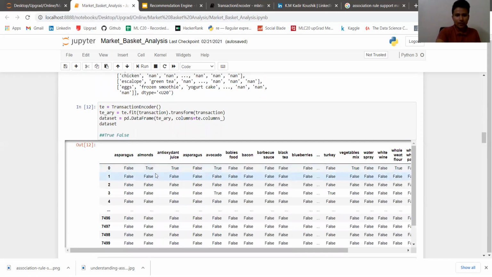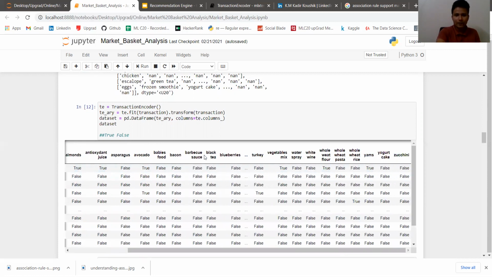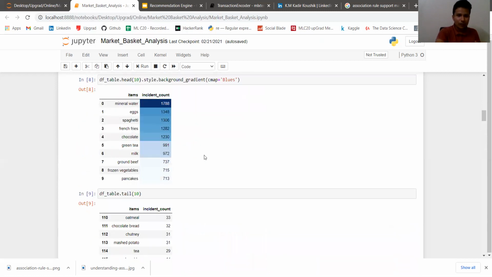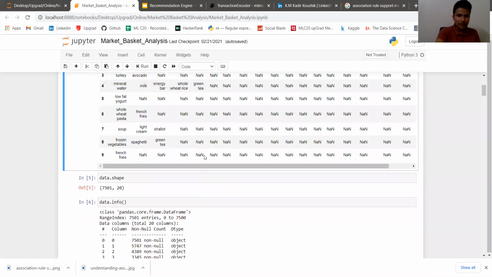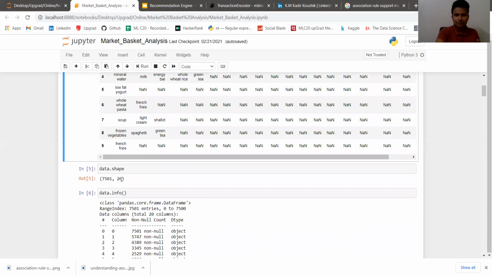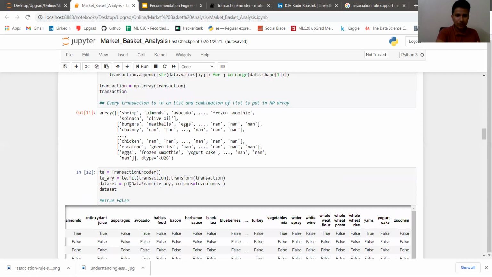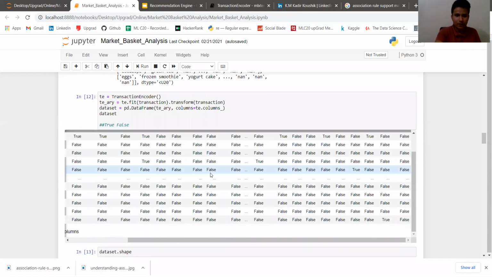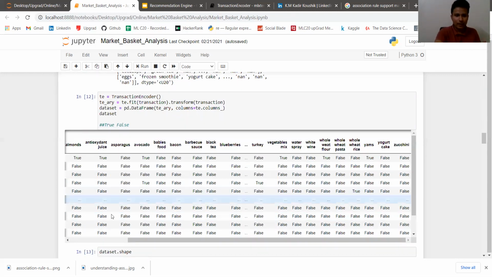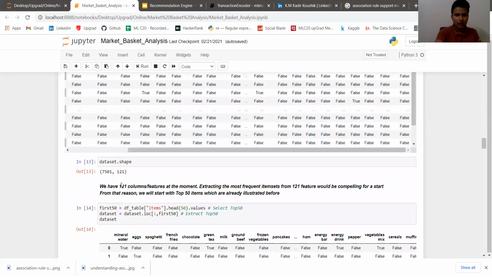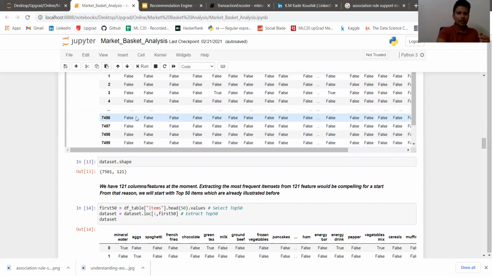Now we have all the items as Booleans, and in these columns we have all the unique items. Previously we saw 20 items, which were the maximum number in a basket, but now we have all the unique items bought, and we find a total of 121 unique items purchased in the data set.